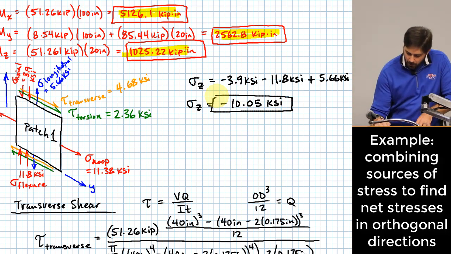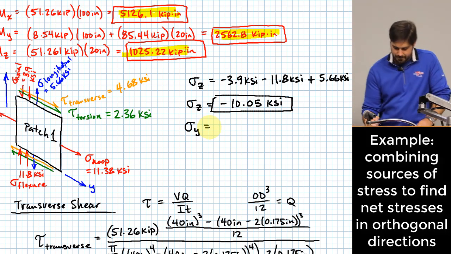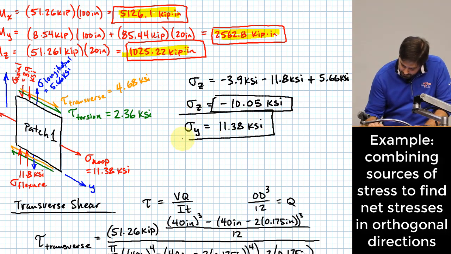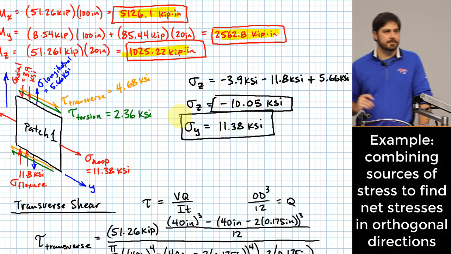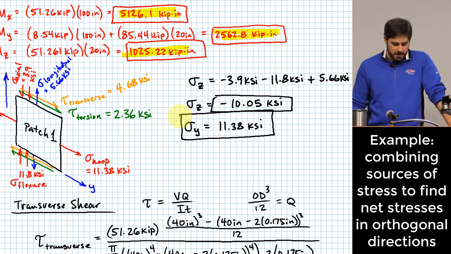All right, what about my Y direction? That one doesn't need any extra processing because we just have the one component from hoop stress that goes in that direction.